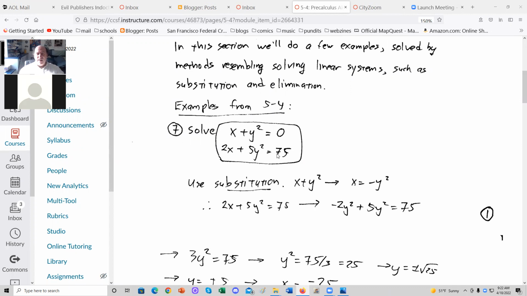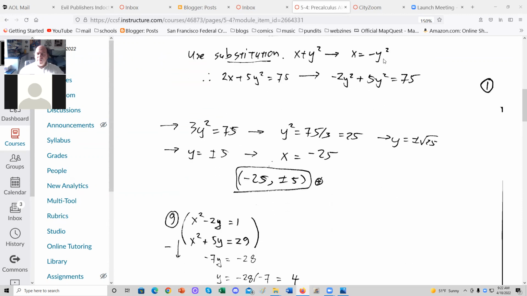All right, so here substitution seems to do the trick. x plus y squared is 0, so therefore x is negative y squared. Wherever we have an x in the other equation, we replace it by negative y squared. So 2x squared plus 5y squared equals 75 means that 2 times negative y squared, squared, plus 5y squared equals 75. Simplify on the left, 3y squared is 75.